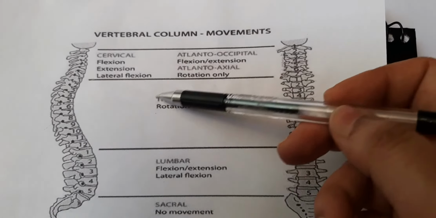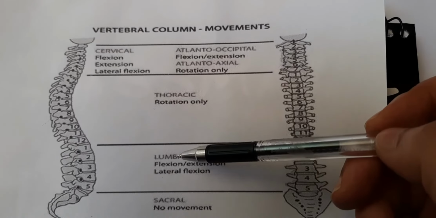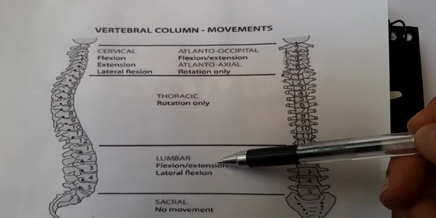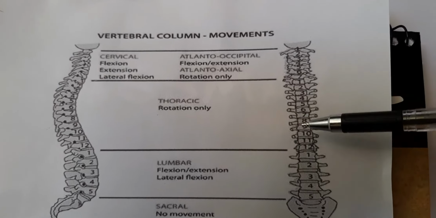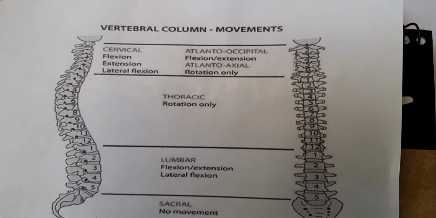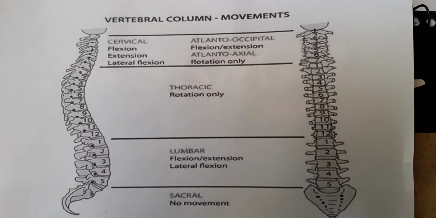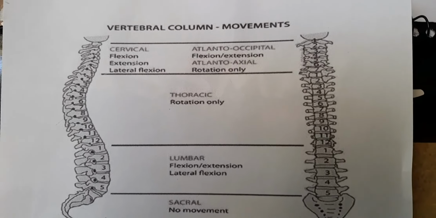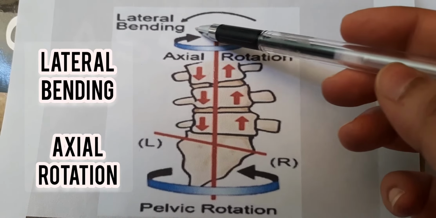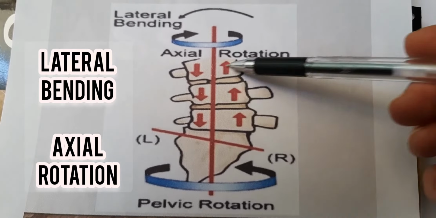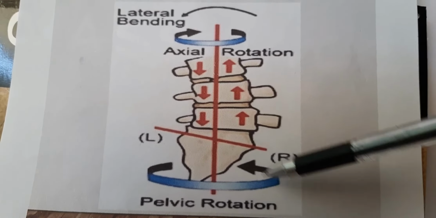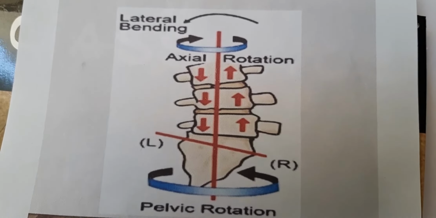In the thoracic region you will see only rotation, in the lumbar flexion, extension and lateral flexion, and in the sacral there is no movement. So this chart is a very easy way to remember all the movements of the vertebral column. This diagram shows you the lateral bending, axial rotation and pelvic rotation from left to right.